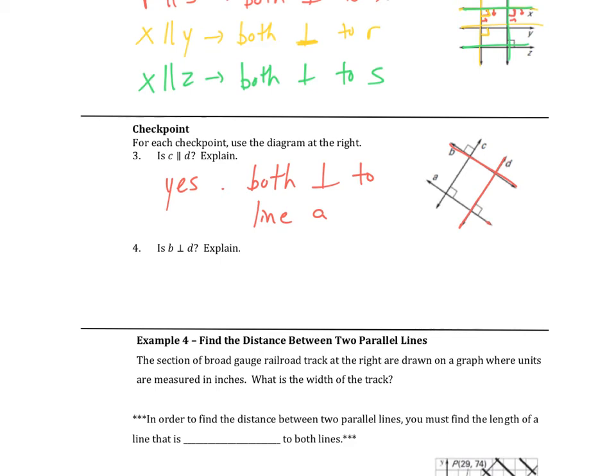This one's kind of tricky, but it's yes. And the reason is C is parallel to D. We just said that above. And we know that B is perpendicular to C. So therefore, B is also perpendicular to D.